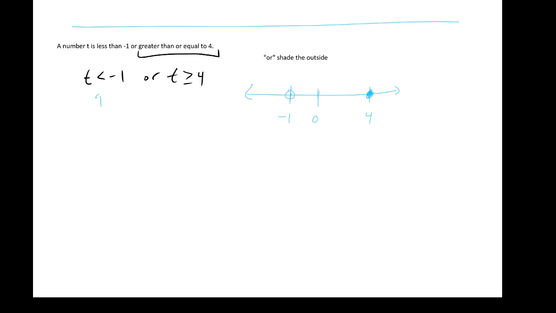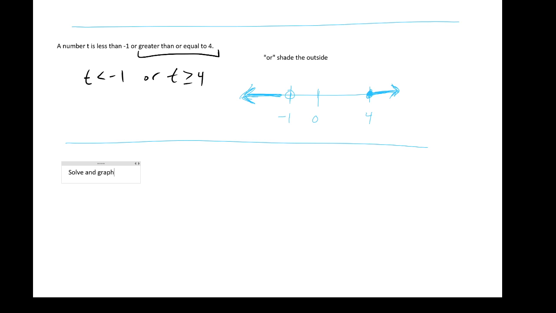And then again, we can actually follow the direction of those arrows when we have our variable on the left, as we learned in the last lesson. Same thing over here, so this one's going to be shaded to the right. So again, as I said, this is an or problem, so it's shaded to the outside rather than in between those two values.